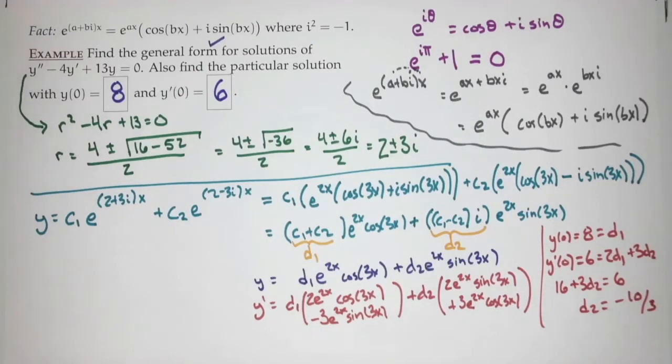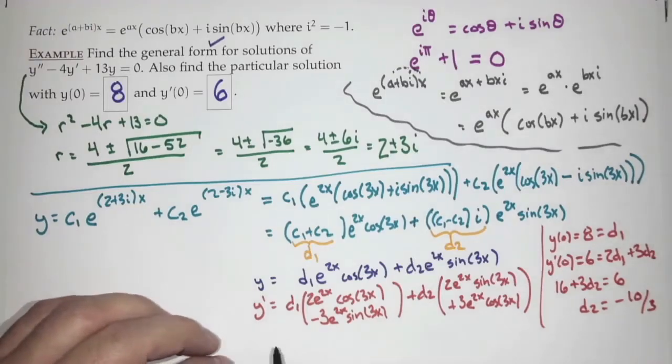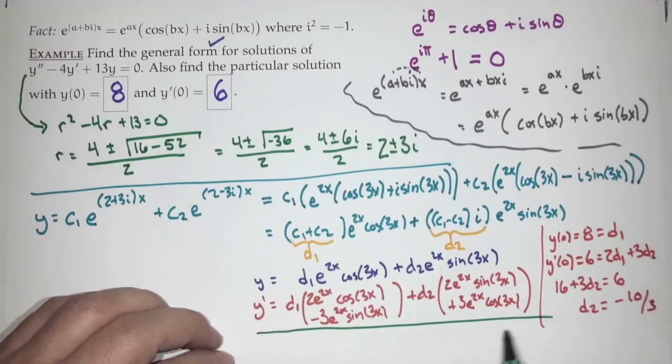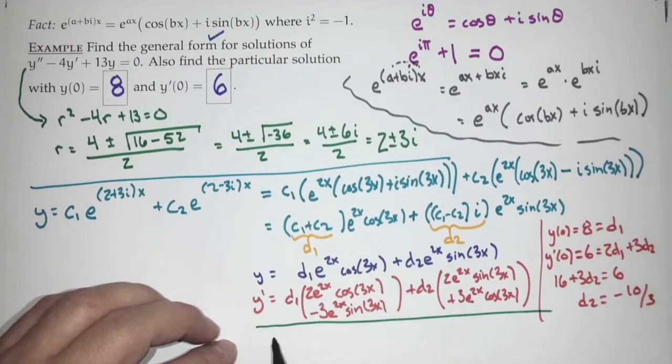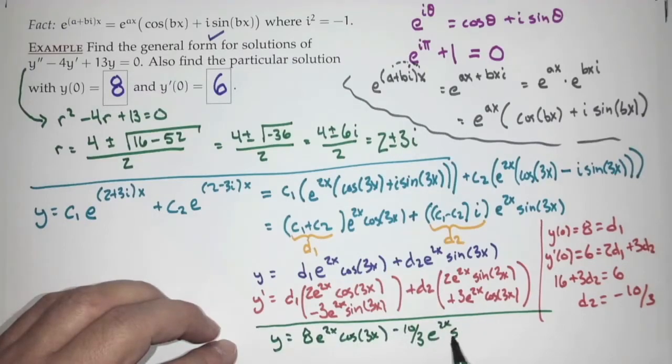Okay, great. So our final answer is y equals d1, 8, e to the 2x cosine 3x, minus 10 thirds e to the 2x sine of 3x.